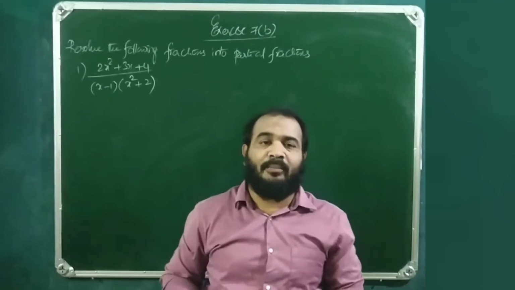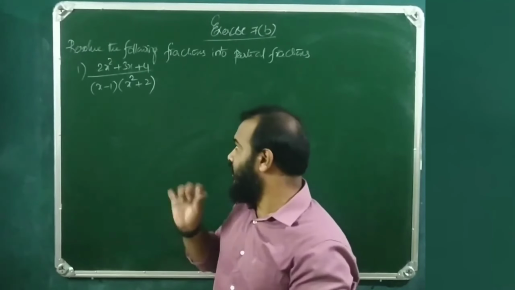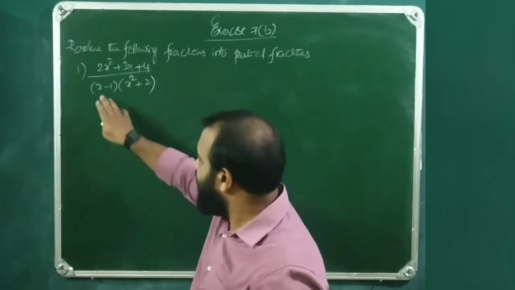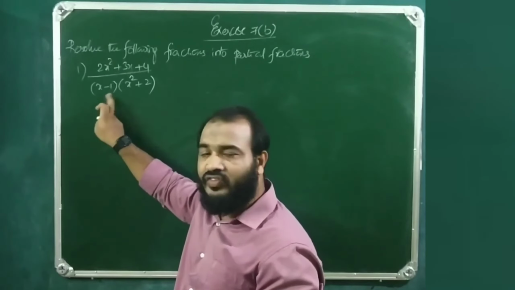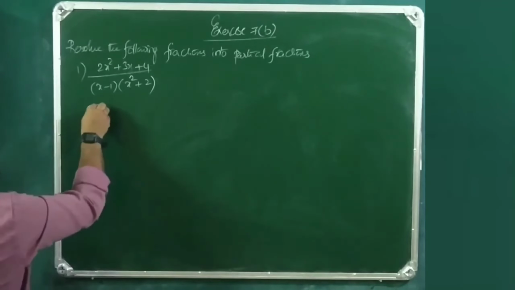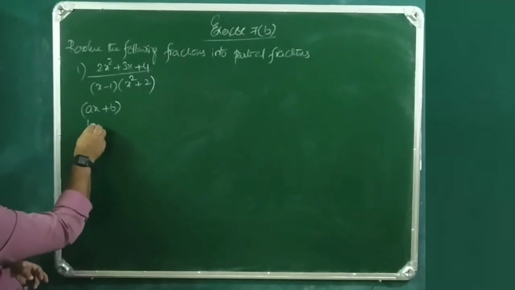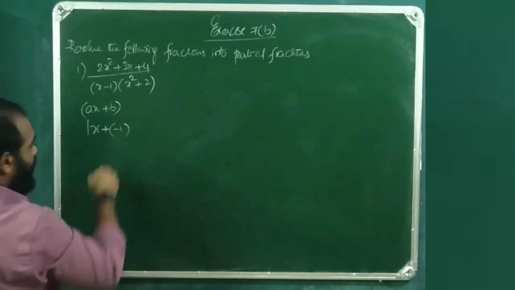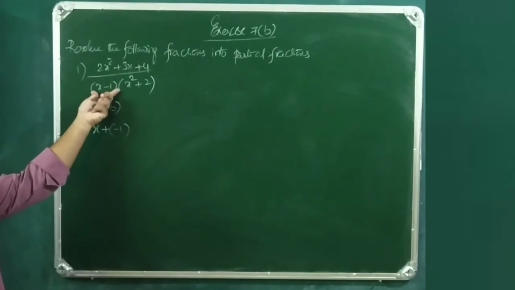For a proper fraction, partial fractions can be applied. And the second question is, the denominator contains x minus 1. This is of the form ax plus b, because x minus 1 can be written as 1x plus minus 1. So this is the linear factor.